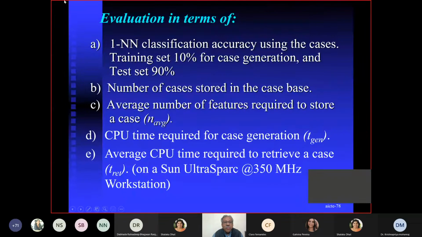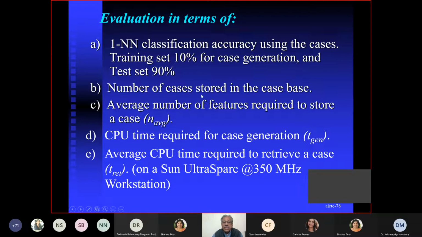So what do you do? You compute the evaluation in terms of, say, 5 independent parameters. That means parameters which are not dependent on your methodology. First, you check, using 1NN classification, the accuracy: how powerful the cases we have obtained are in classifying the remaining samples. That means training set 10%, and then you see how many of the 90% test set get classified with the help of those cases.